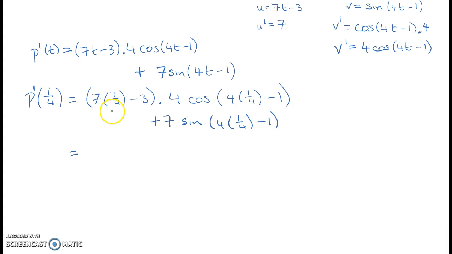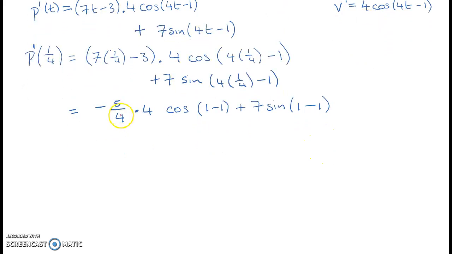Well, this will be 7 times 1/4 is 7 over 4. 7 over 4 minus 3 would be, 3 is 12 over 4, so 7 over 4 minus 12 over 4, that would be minus 5 over 4, because it's 7 minus 12, so negative 5 over 4 times 4, times the cosine of 4 times 1/4 is 1 minus 1, plus 7 times the sine of 4 times 1/4 is 1 minus 1.